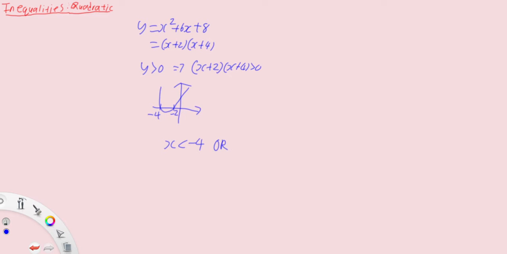Now, same thing for minus 2, right? We cannot include minus 2, so the second part of our solution would be x greater than minus 2. If they ask for set notation, so this is the range of values, it would simply be x is a part of the reals where we have x less than minus 4 or x greater than minus 2, right?